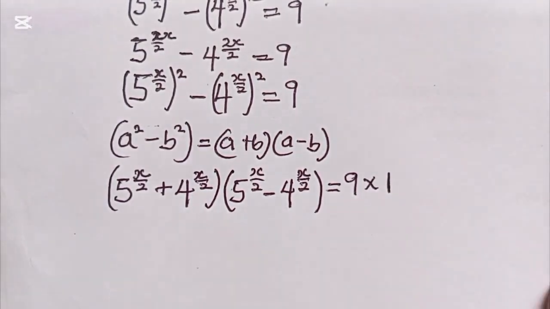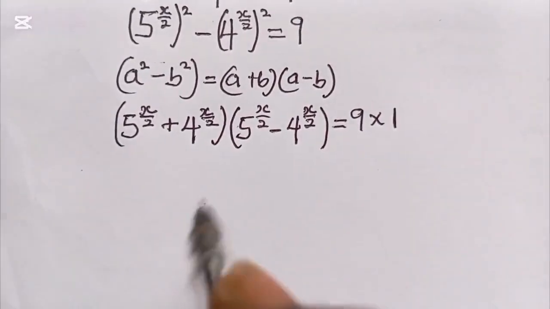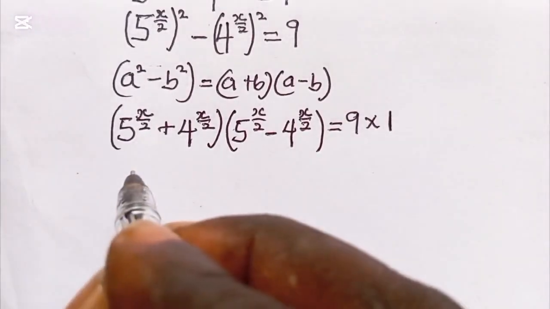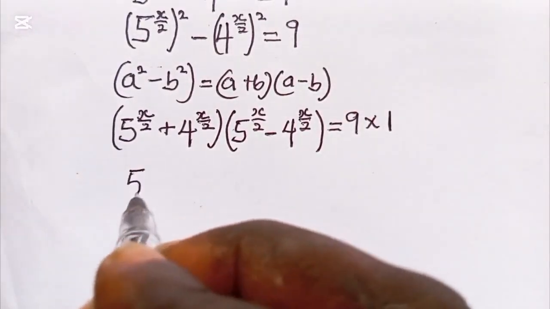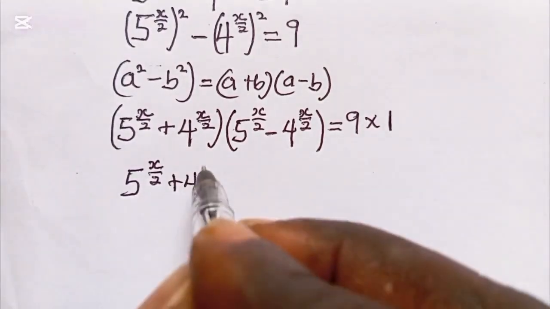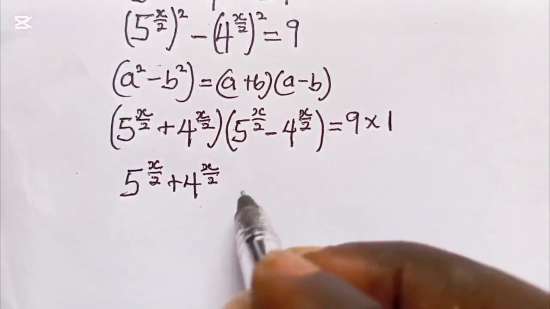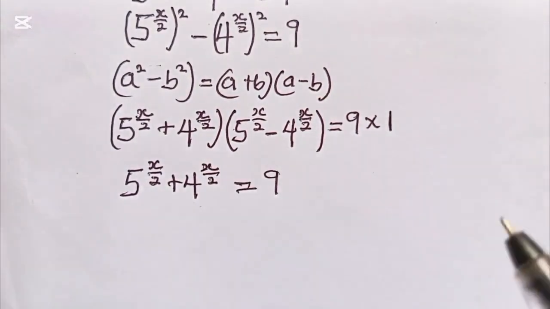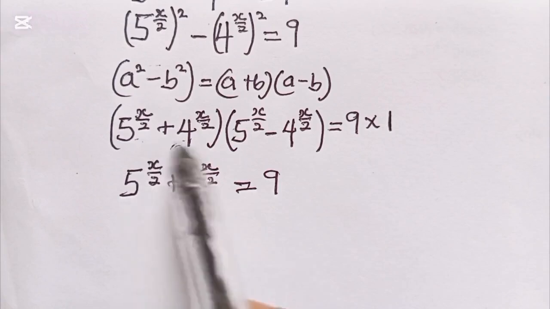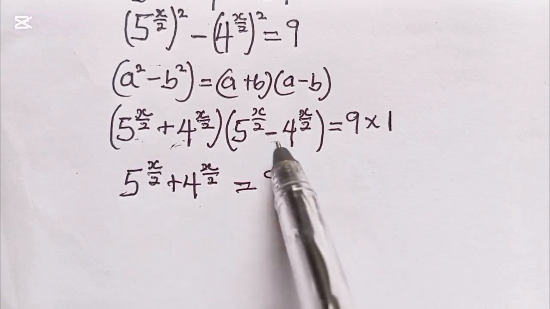Then further, we go further by comparing the right and the left. So we equate this by saying 5 raised to the power of x divided by 2 plus 4 raised to the power of x divided by 2 to be equal to 9. The reason why we are picking 9 for this is because addition is bigger than subtraction.